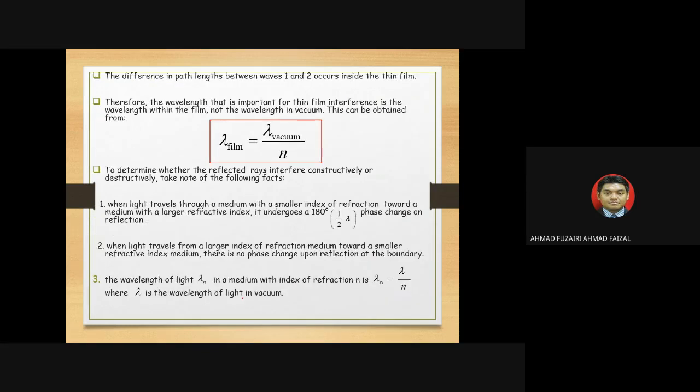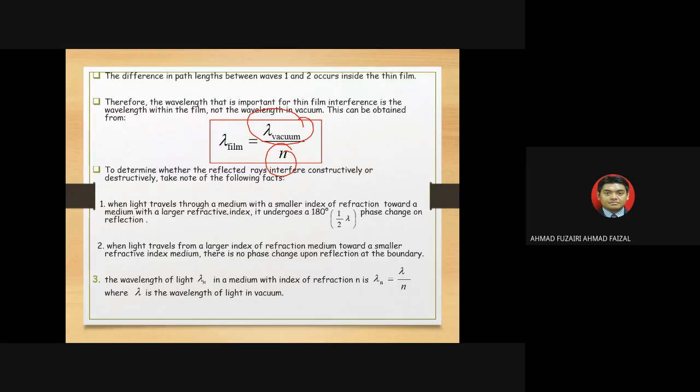Okay, this is some ideas on how you are going to use the lambda of films. How to find the wavelength in the thin film by using the wavelength in the vacuum, right? And divide by the refractive index. So you use the refractive index. When light travels, to determine whether the refracted rays interfere constructively or destructively, take note of the following facts.